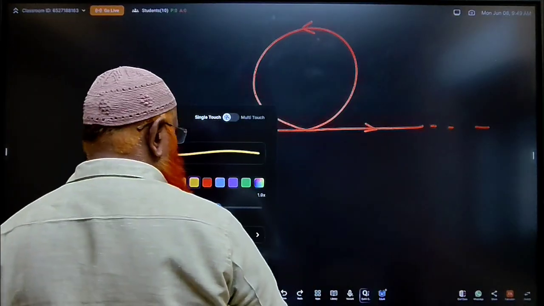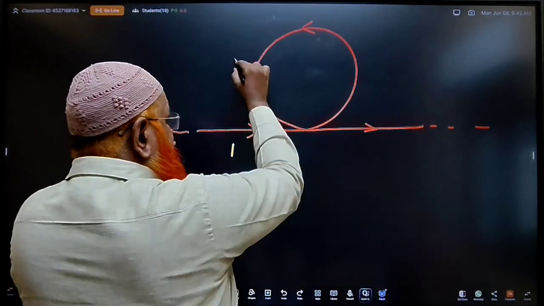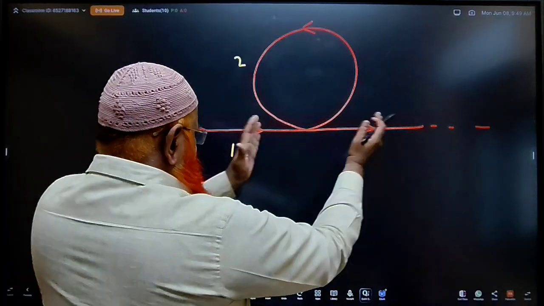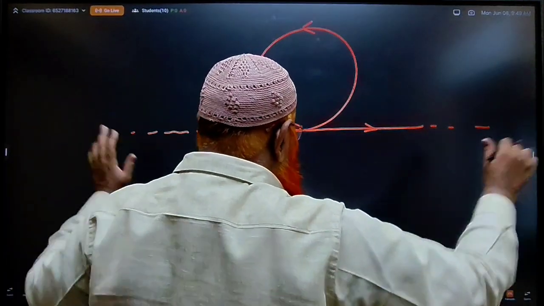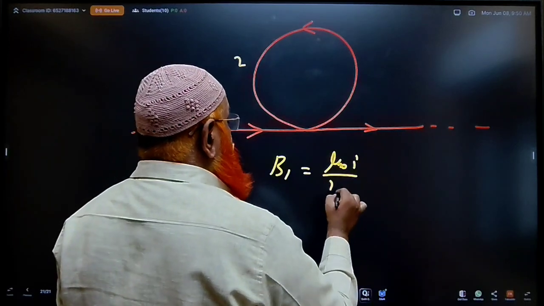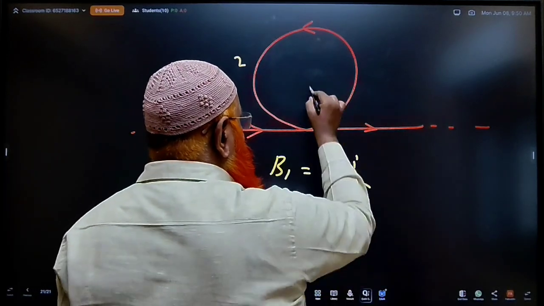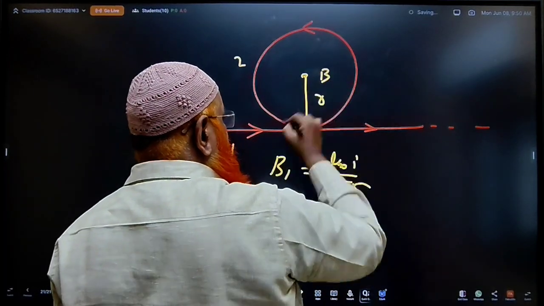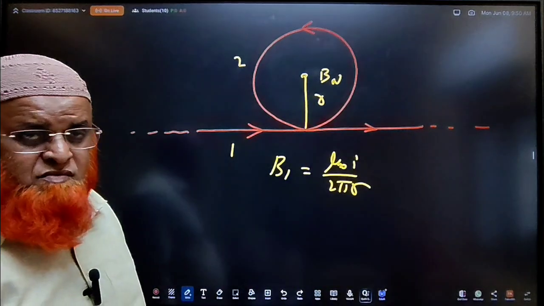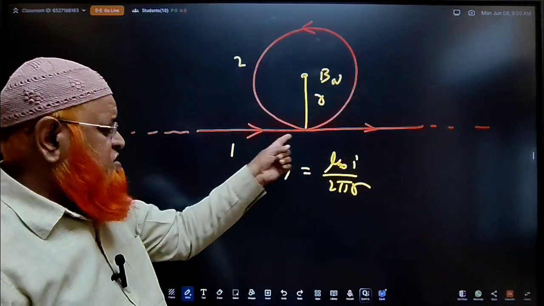For this wire, this is one and this is two, only two parts. This is half. So the complete part for B1 is mu naught I by 2 pi r. Radius is r. Here you have to find the magnetic induction for 1 and 2, that is B net. Understand what I am saying now? So B1 is this wire.